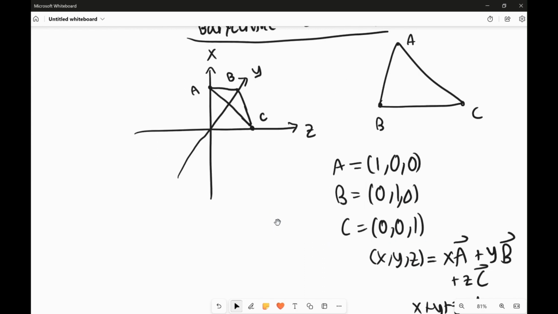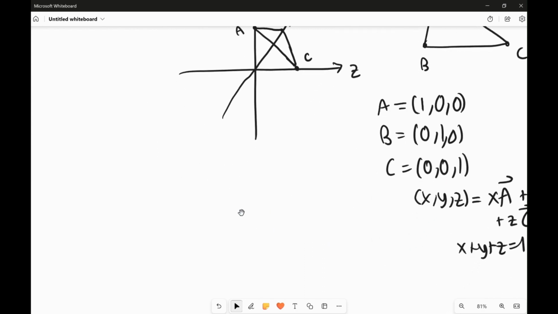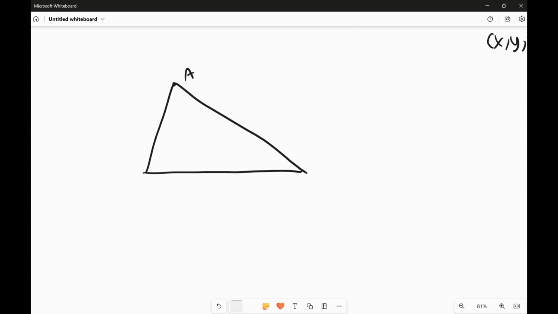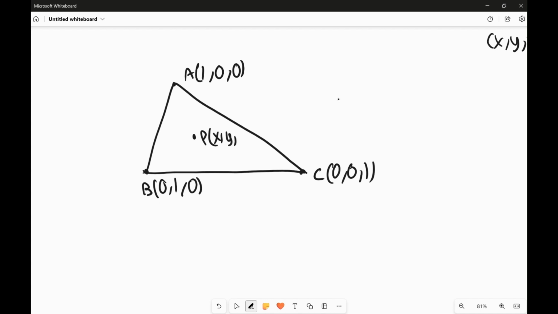Now, given this definition, we can state our first important fact. If you have a triangle ABC, with A as (1, 0, 0), B as (0, 1, 0), and C as (0, 0, 1), and then you have a point P inside, which is (X, Y, Z), then you have the triangles BPC, APC, and APB.